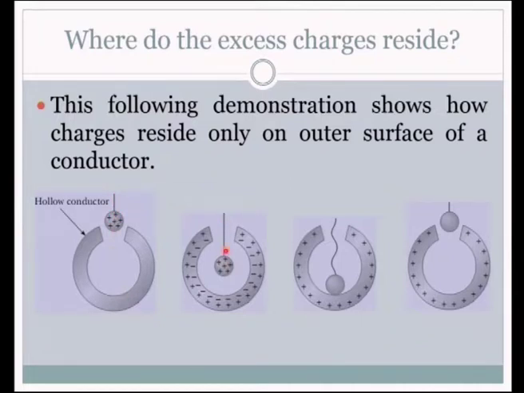As we bring it inside, the charges get separated because they can move in a conductor. Near this positive charge, the negative charge accumulates, and the dearth of negative charge is found on the outer surface. Once it is brought in contact, this positive charge neutralizes the negative charge.